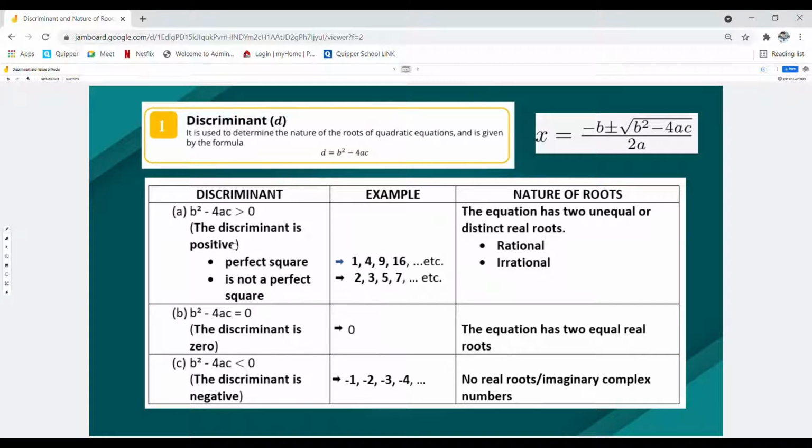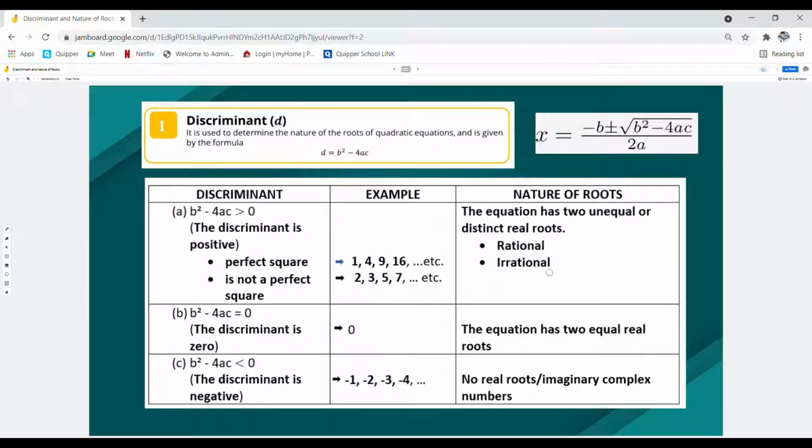Okay, what about if it's not a perfect square? It is still positive, not a perfect square like 2, 3, 5, 7, so on. So you can tell the nature that the equation has two unequal, or the equation has two distinct irrational real roots.